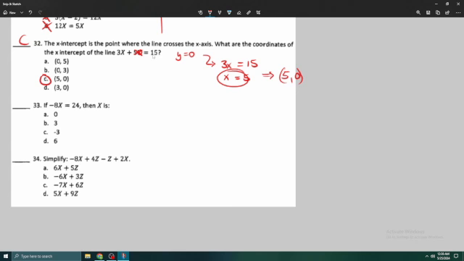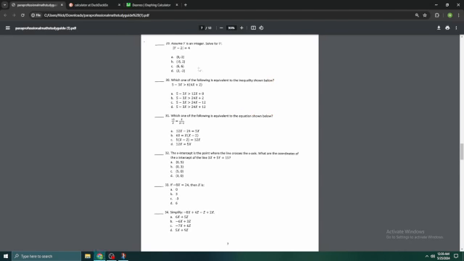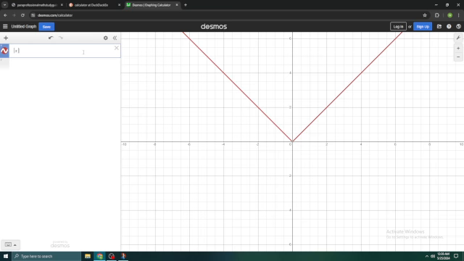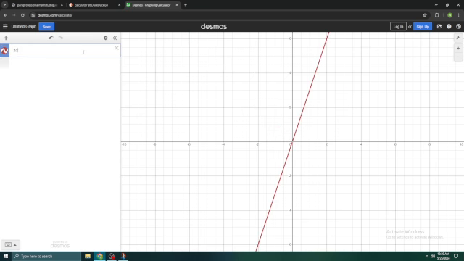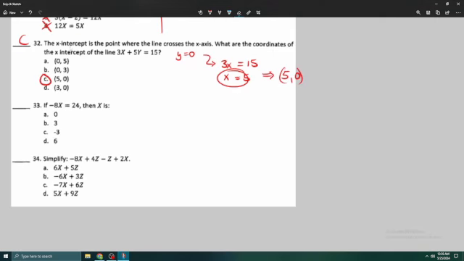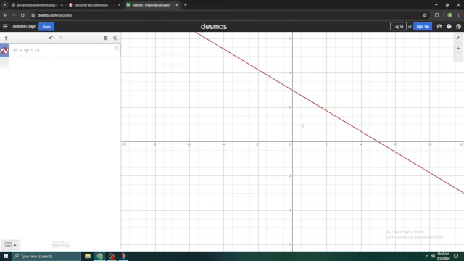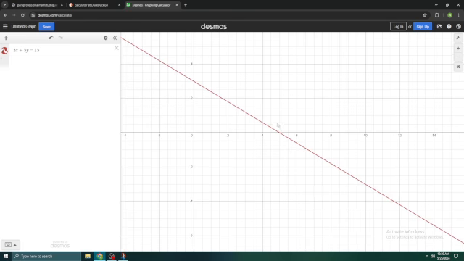So let me explain what's happening here. 3x plus 5y equals, was it 15? Yeah. And if we scooch over here, here's our x-intercept at 5, 0. So why did we set y equal to 0?